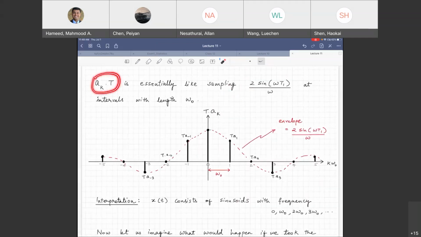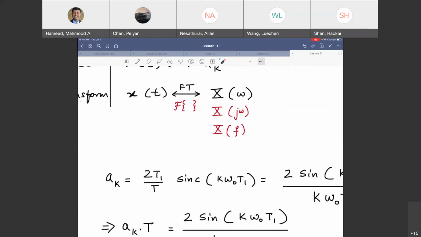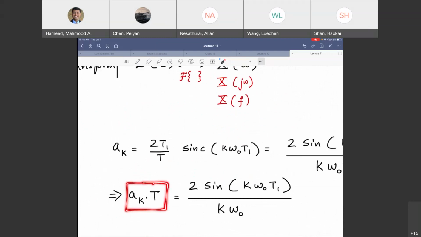Now a_k multiplied by T, that's what I have on the left-hand side, is essentially like sampling 2 sine omega T1 divided by omega at intervals of length omega naught. Let's review this statement again. This signal here, a_k multiplied by T, is 2 sine k omega naught T1 divided by k omega naught. It is like saying I'm sampling 2 sine of something times T1, divided by that same something, at integer multiples of omega naught: 1 omega naught, 2 omega naught, or minus 1 omega naught, and so on, right?